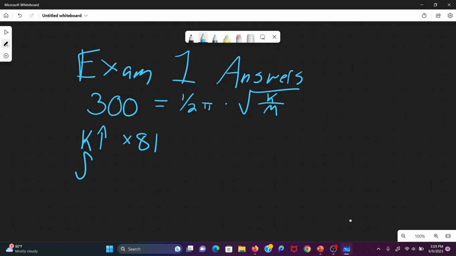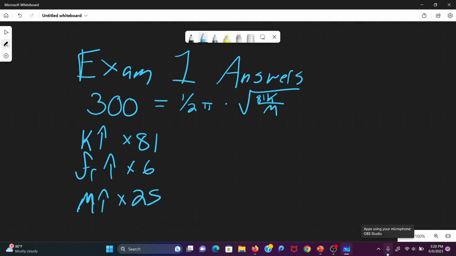The resonant frequency is increased by a factor of 6, and mass is increased by a factor of 25. Is that what I said? Yes. Okay. So, if K is increased by a factor of 81, we've got up here 81K.